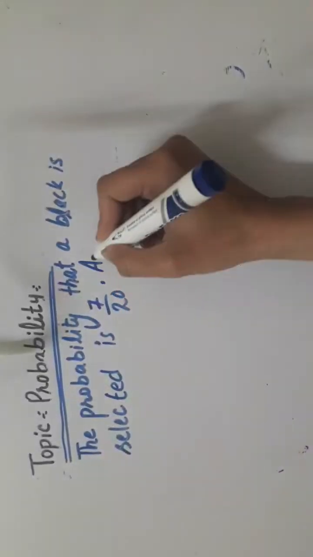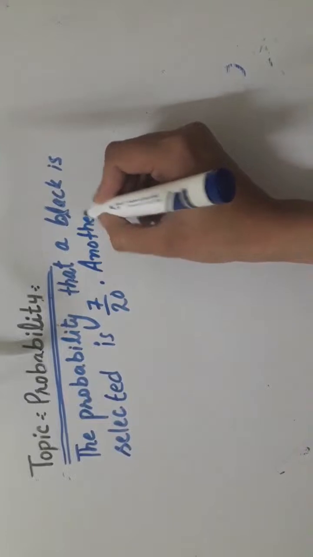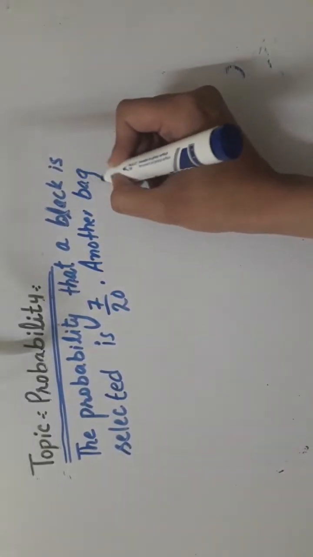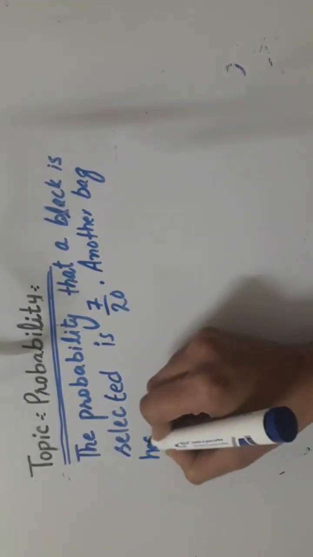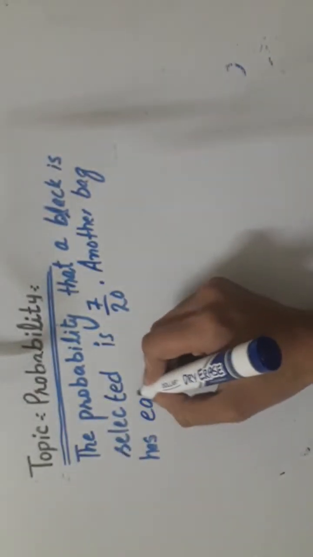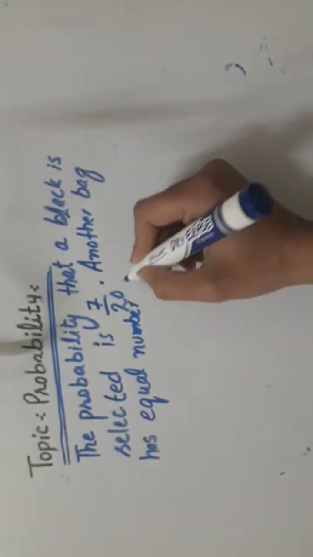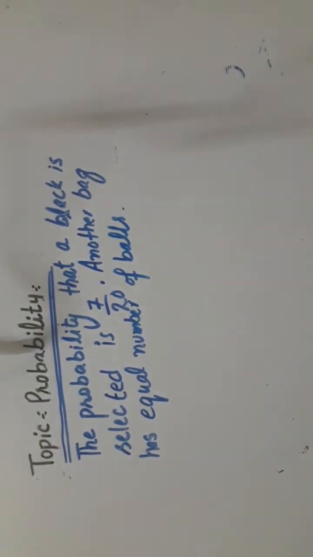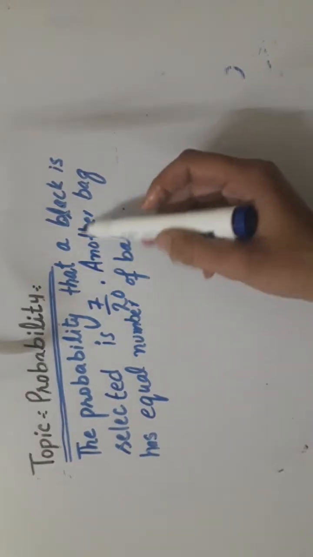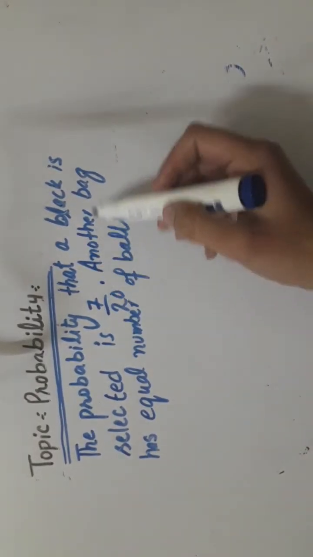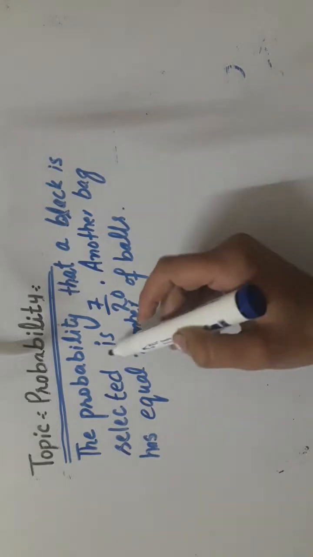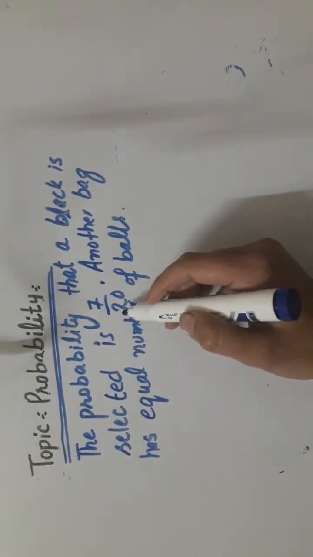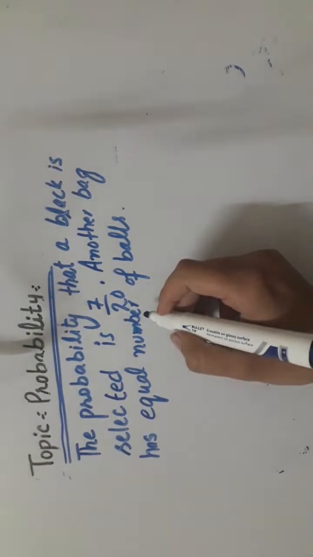Another bag has an equal number of balls. One bag contains balls and another bag also contains balls, and the probability of a black ball from the first bag is 7 by 20.